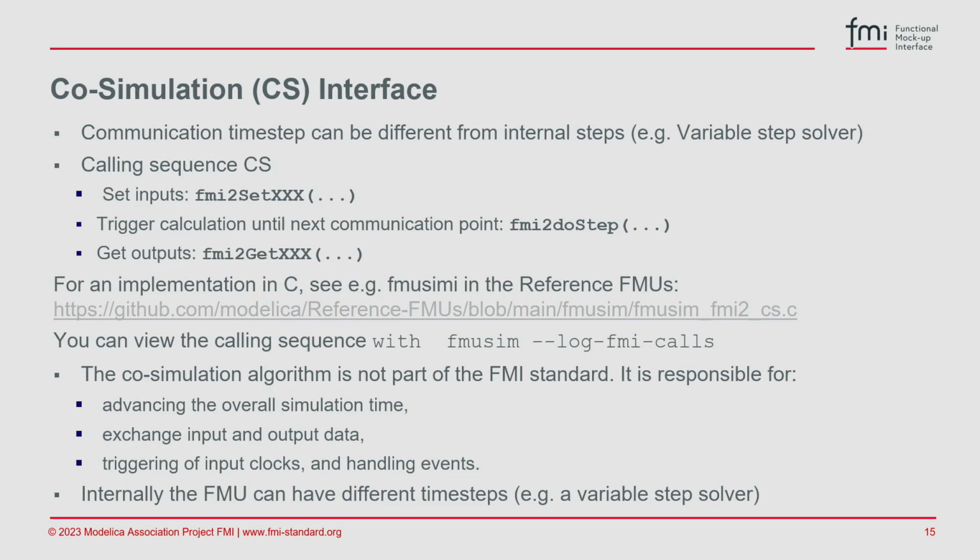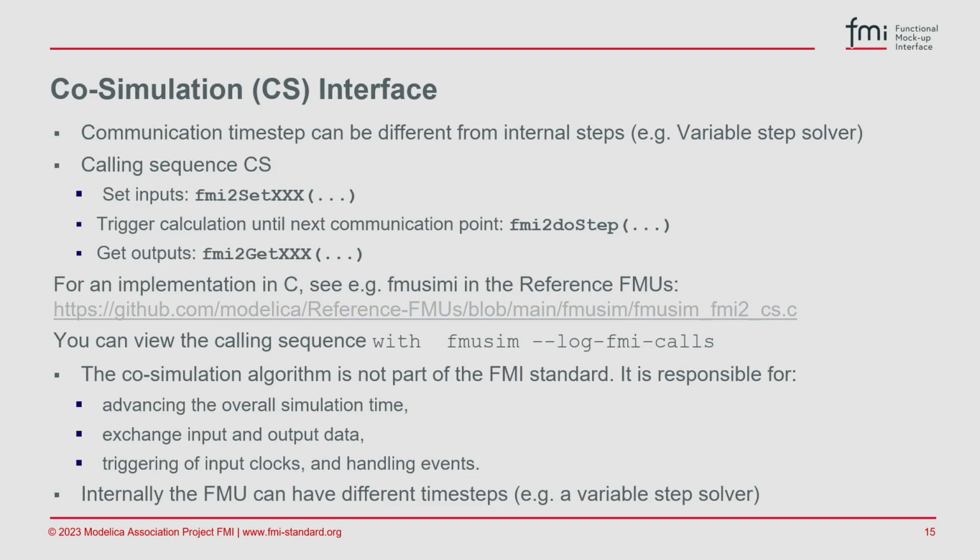Okay, for this co-simulation interface, the important thing is the communication time step. This is where information between the different FMUs is exchanged, and internally there can be a different time step. You can have a variable time step internally and, for example, a fixed larger communication time step.